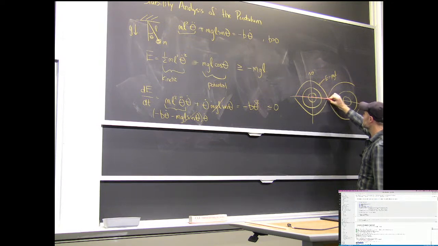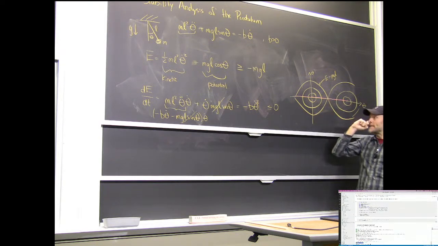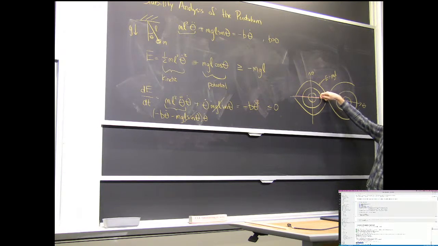Let's just draw it like this for a second. Everywhere except for on that line, I know that I'm at least going a little bit down the bowl. When I'm on the line here, I'm just going potentially parallel to the bowl. I know I'm not going up, but E dot is just 0 when theta dot is 0.